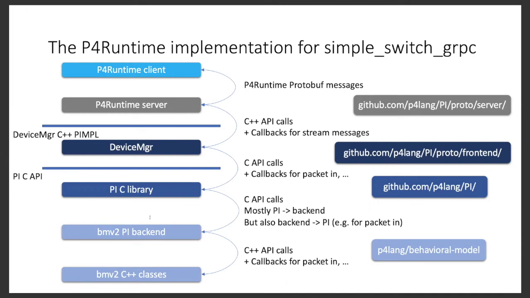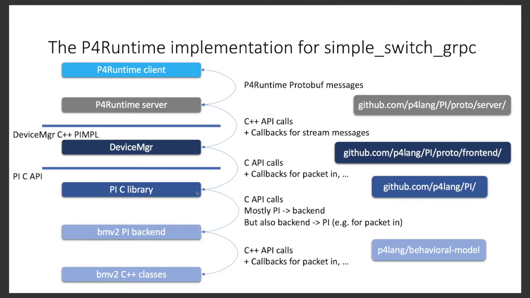And I think at some point, at least a few vendors did just that. And so the idea was that they would be able to reuse all the P4 Runtime server logic, which is pretty thin, and all the device manager logic, which is a decent amount of code, and just implement this API directly. And a part of the value here was that typically for those networking vendors, their drivers are already in C, and so they would easily be able to implement that C library.